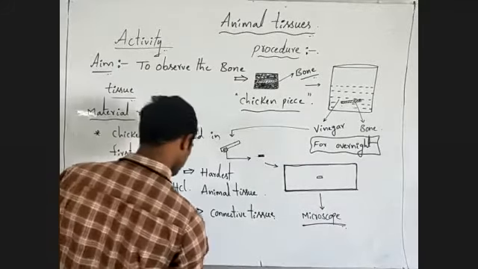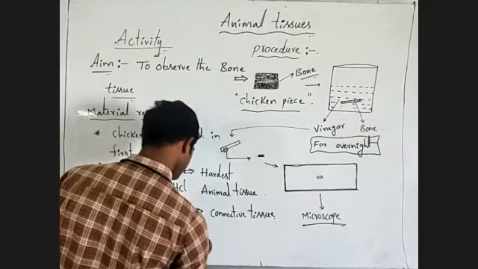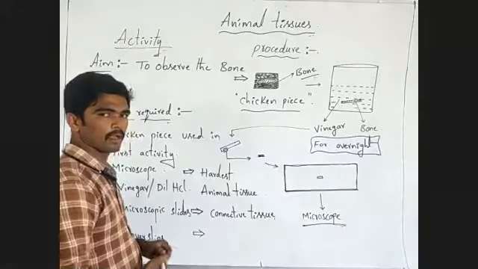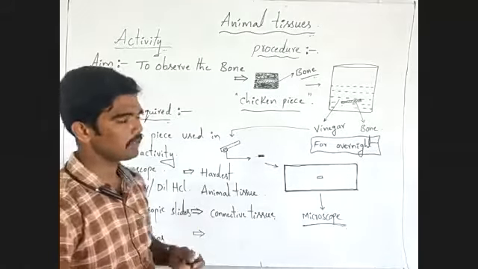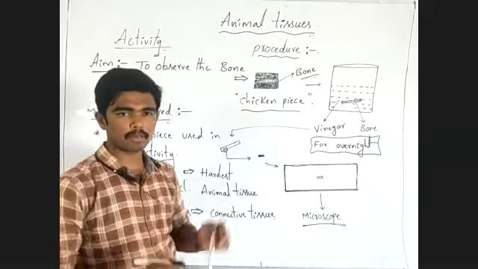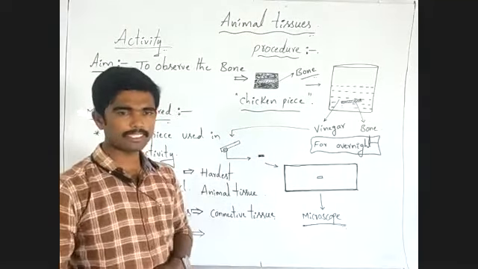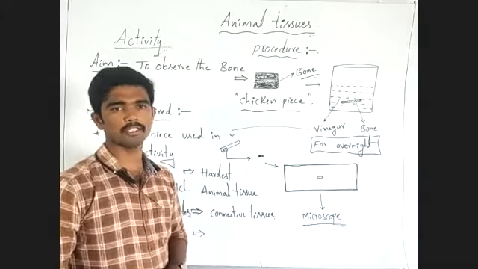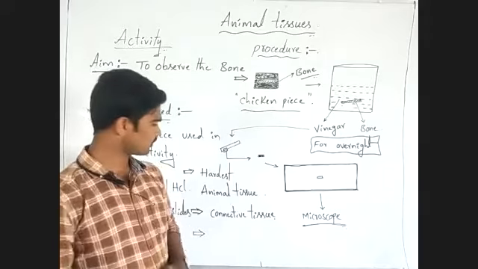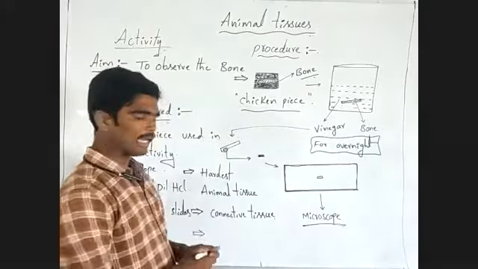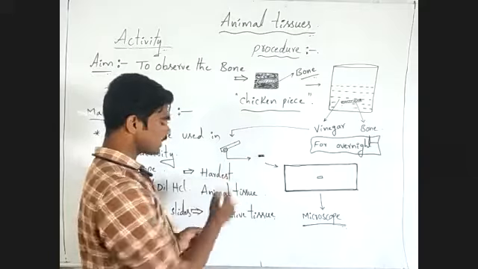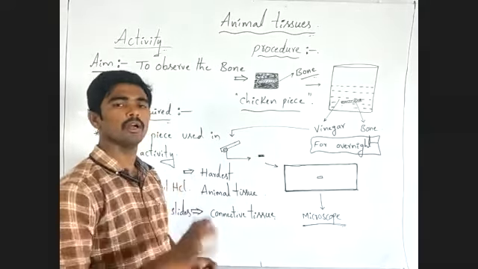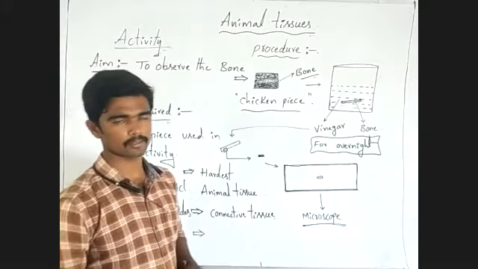What is the function of this bone tissue? It makes the framework of the body. It gives mechanical support to the body. As it is the hardest animal tissue, it gives mechanical support to all body parts.